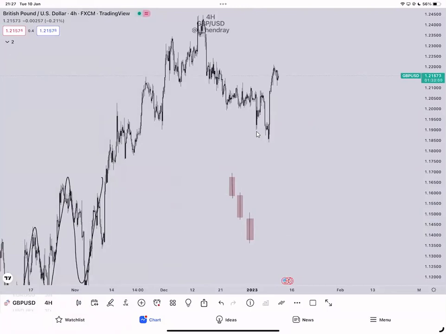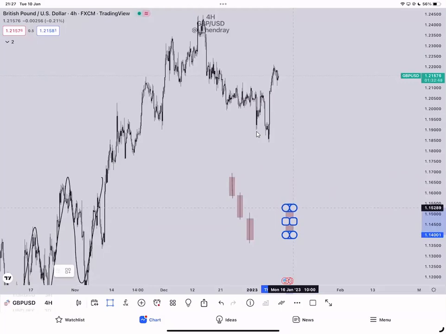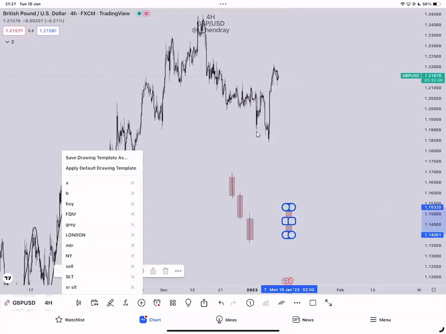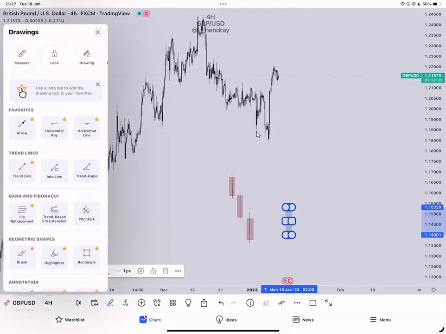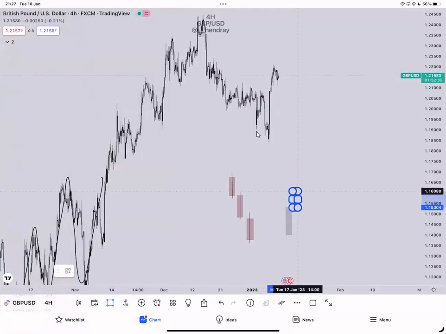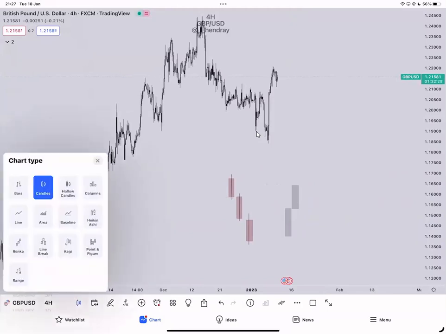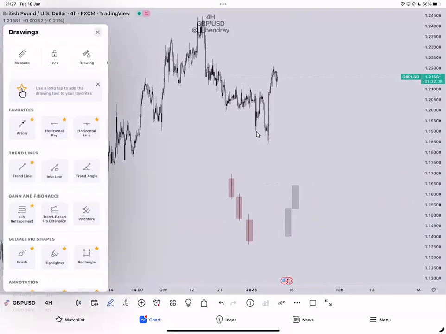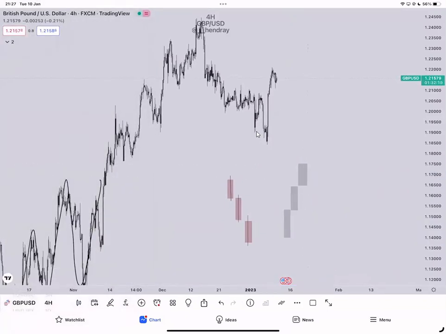Okay, so these are three bearish candles. It can be three bullish candles as well. So let's draw three bullish candles as well. Just imagine. Let's say we have three bullish candles.